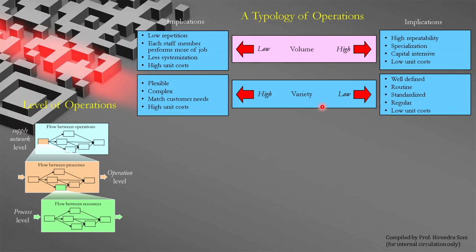When the variety is high, that means the variation required by the customer in the product is high. That means the processes or the operations need to be more flexible. They will be complex in nature. The insistence is majorly on meeting the customer's requirements, customer needs, and high per unit costs.